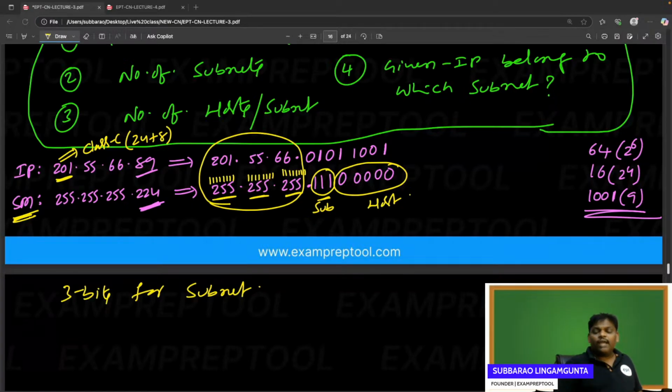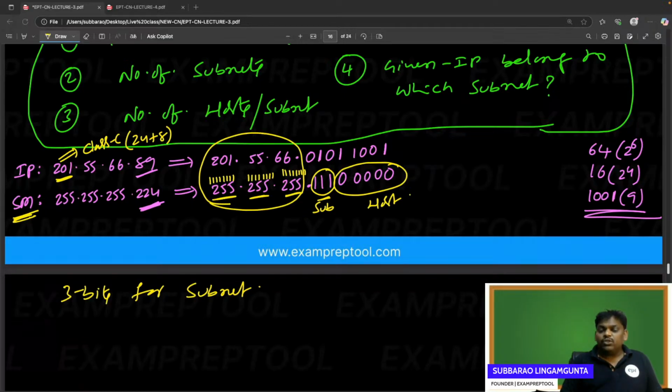And one more question I want to ask: in which octet, which position? Please help me. I am expecting an answer from everyone.